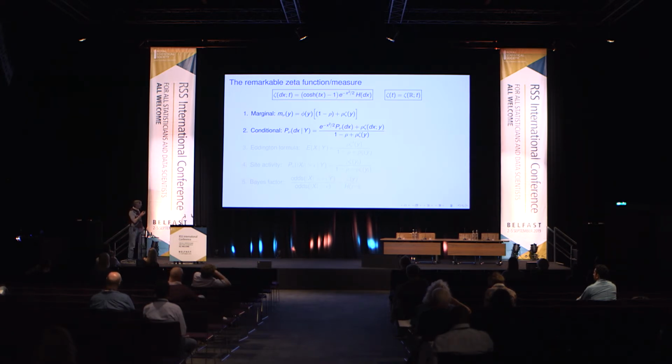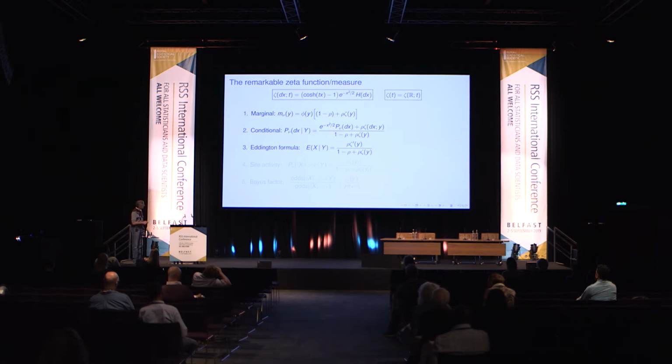So when I talk about the conditional distribution of the signal given the observation, it's a mixture which has a down-weighted signal distribution plus the rate parameter times this zeta measure, all normalized. And then there's something called the Eddington formula, also called the Eddington-Dyson formula or Tweedie formula in the statistics literature, but it actually dates back to a paper by Frank Dyson in 1926, who attributed it to a conversation with Eddington, and it basically gives the conditional expected value of the signal.